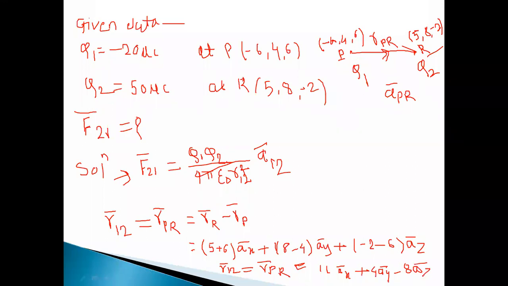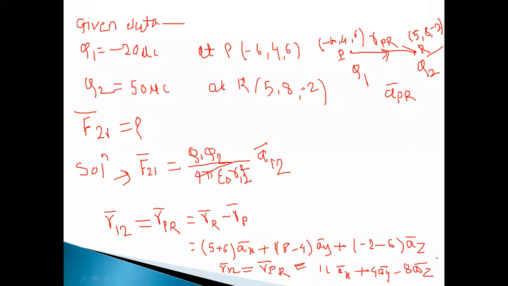So this is your equation. From this, we have to find the magnitude, because in our formula it is R12 square. So we have to take the mod now. All of you noted this? Yes or no? Yes, ma'am.